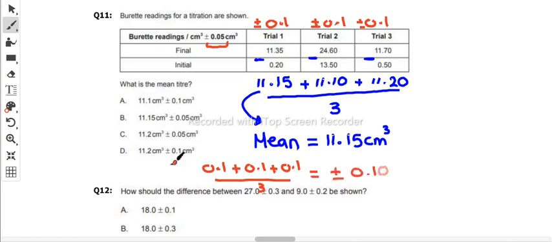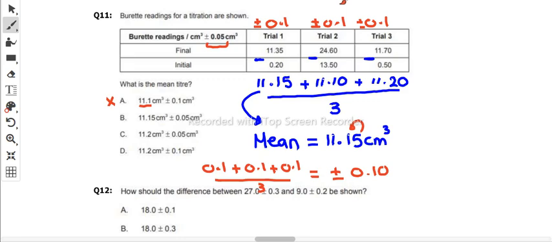Let's go through the possible answers given. If you look at the answers given, in the first one, it is 11.1. If you look at my final answer as a mean, the 5 can give the 1, so definitely it's not a 1 at the end, so this is an incorrect answer.